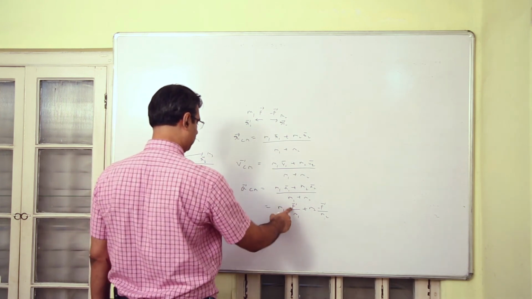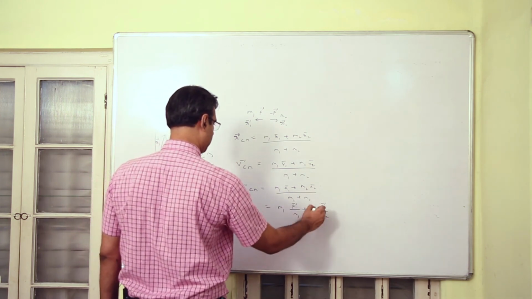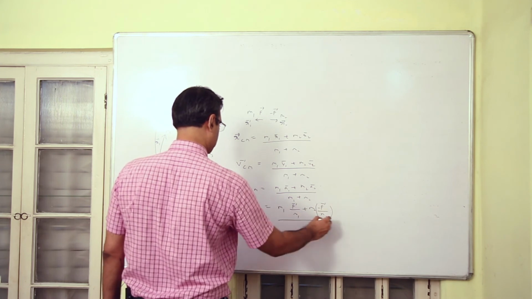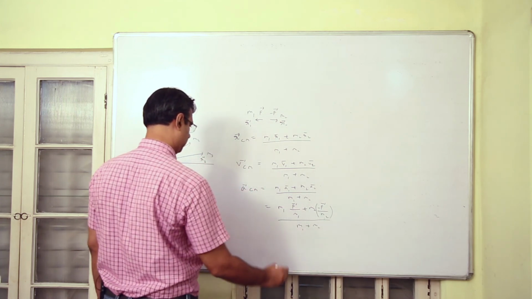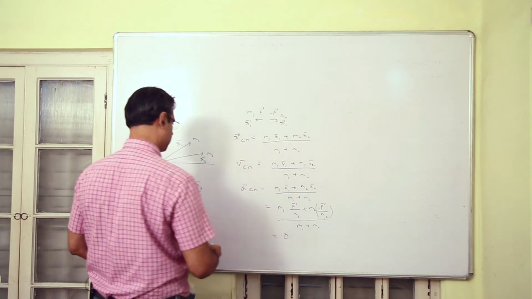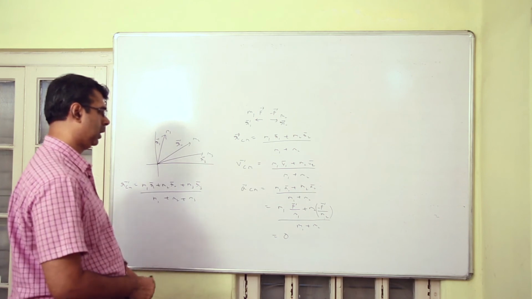So a1 will become F by m1 and a2 will become minus F by m2. So divided by m1 plus m2, and you will see that the answer of this comes to 0.